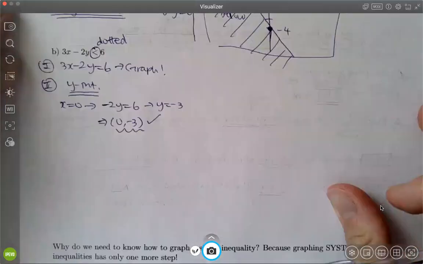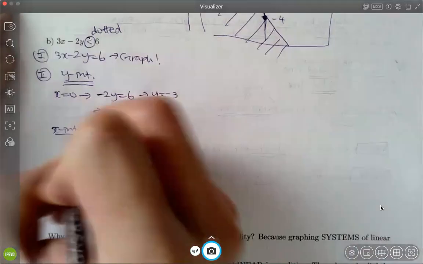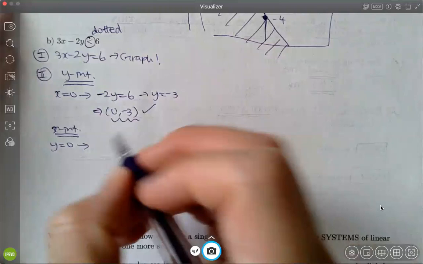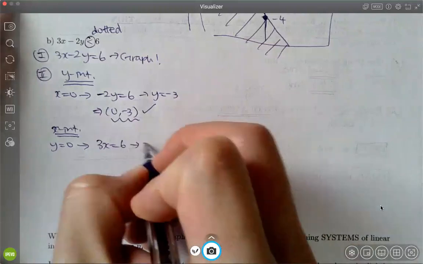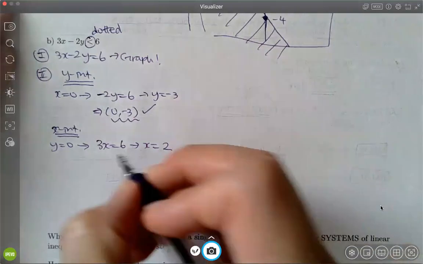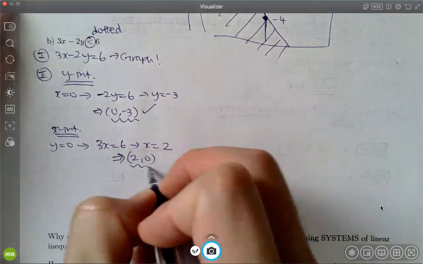And then x-intercept. So this means set y to 0. So we get 3x is equal to 6, so x is equal to 2. And so the x-intercept is 2, 0, which is also a good point.